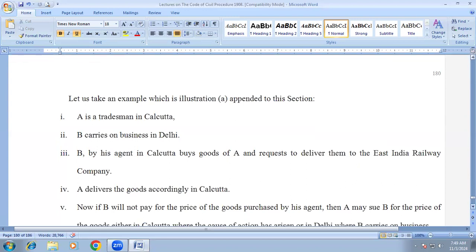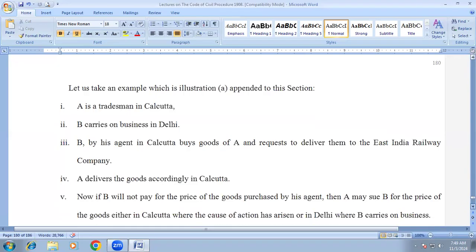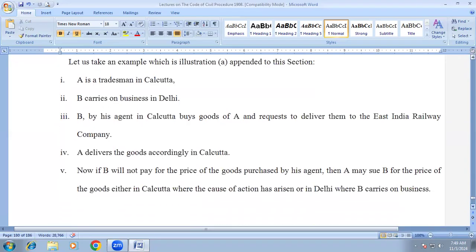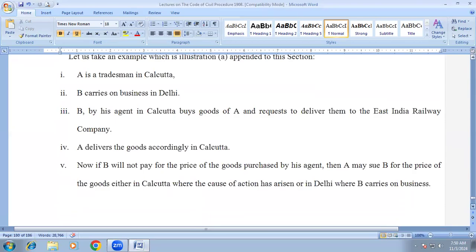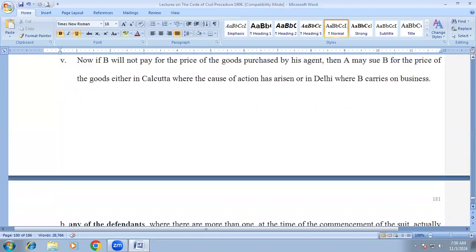Now, if B does not pay for the price of the goods purchased by his agent, then A may sue B for the price of the goods either in Calcutta, where the cause of action has arisen, or in Delhi, where B carries on his business. So on the basis of the place of cause of action or the place of business of B, the civil suit can be filed in the Delhi or Calcutta court by resorting to section number 20 of CPC.